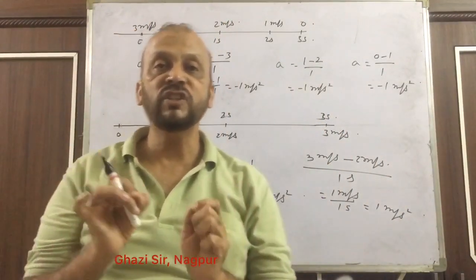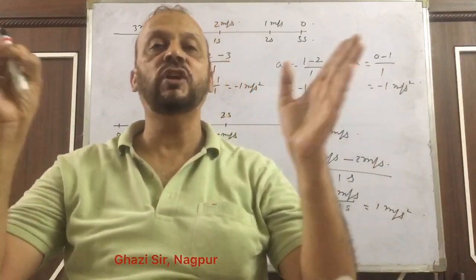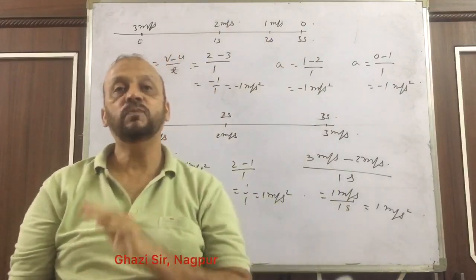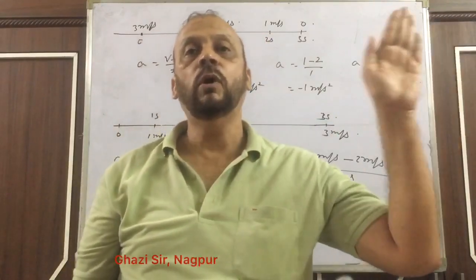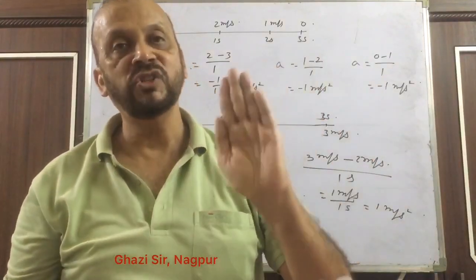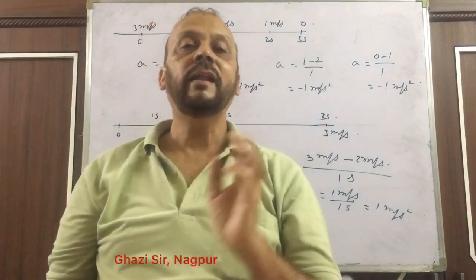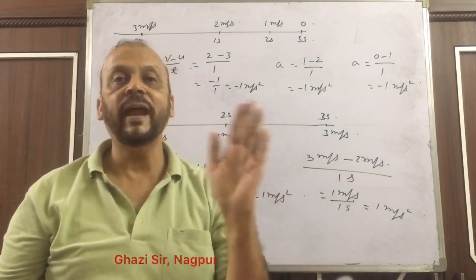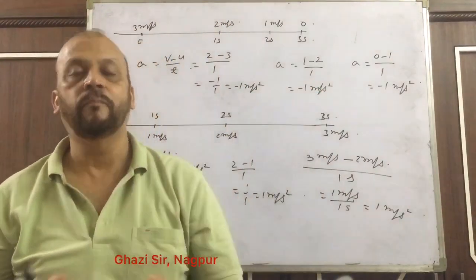So if speed remains constant, acceleration would be 0. If speed increases without changing direction, then acceleration would be positive. If speed is decreasing, then acceleration will be negative, that is called retardation.